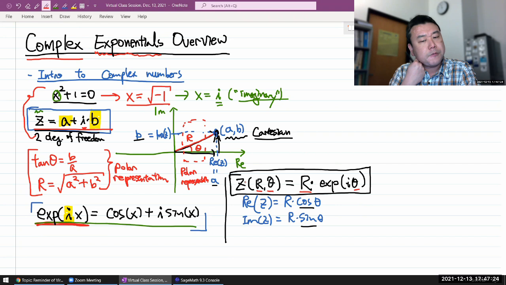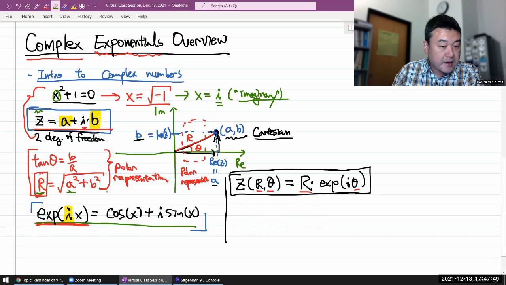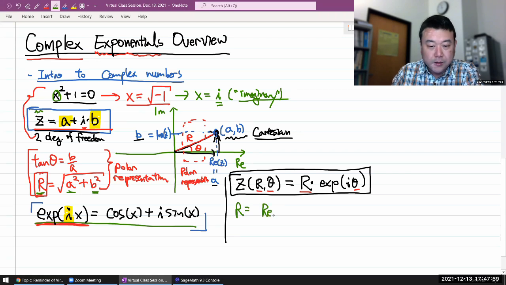As an example, imagine you wanted to calculate the magnitude r, the square root of a squared plus b squared. You can do r as, okay, I need to take the real component of z, square it, plus the imaginary component of z squared, square root it.